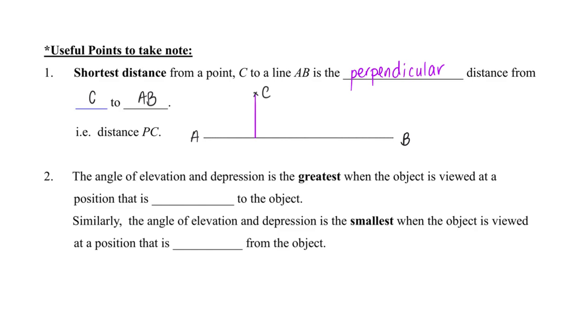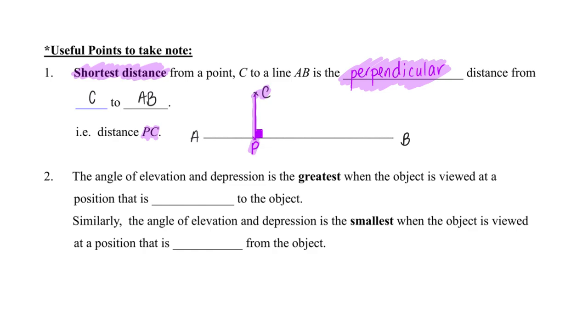That's the shortest distance, and this shortest distance happens to be perpendicular to the line AB. So I shall call this point, example, PC. So therefore this line PC is the shortest distance, and the shortest distance always corresponds to the perpendicular distance. Okay, so that's the first point to take note.